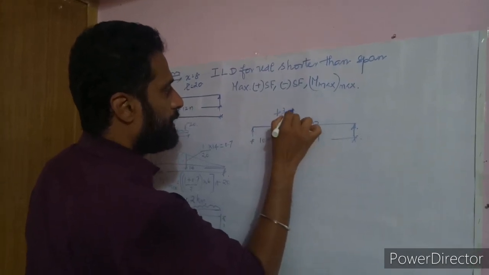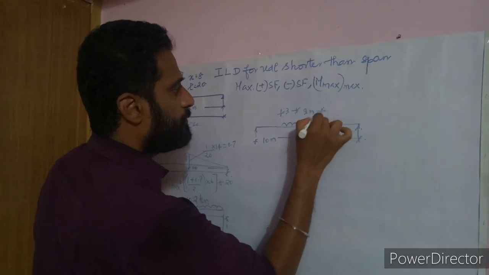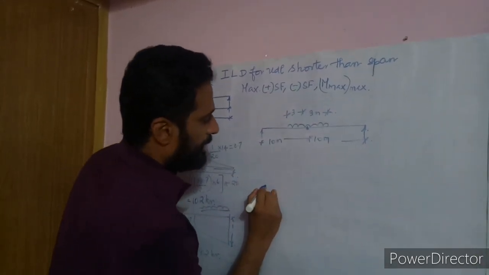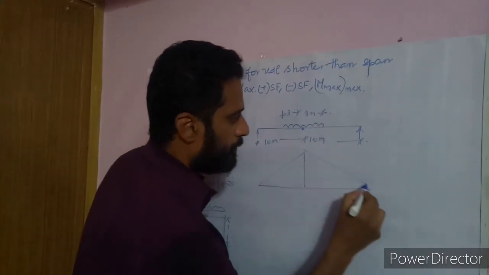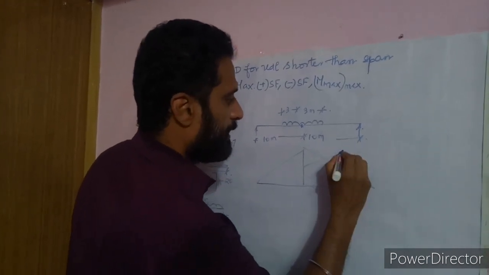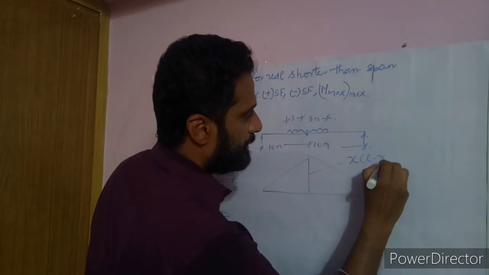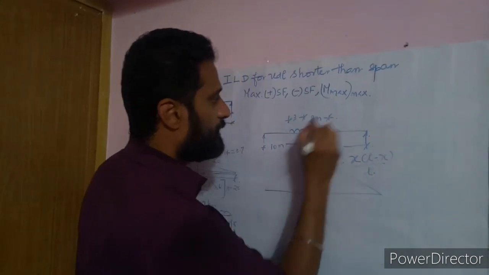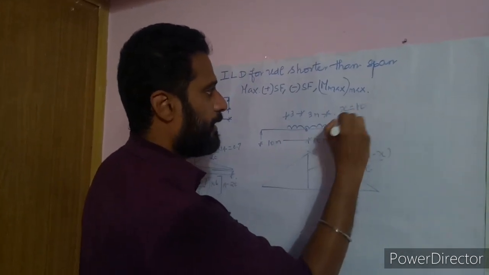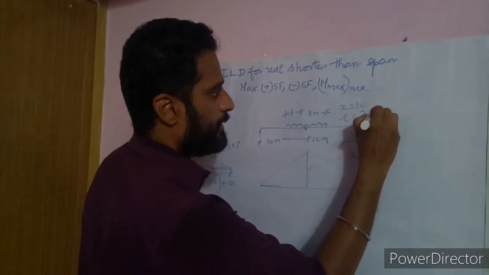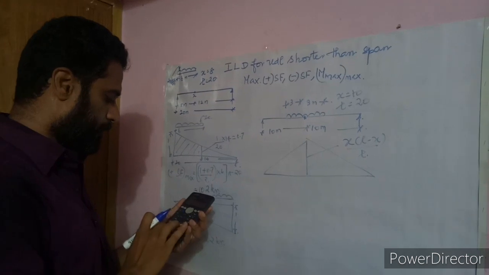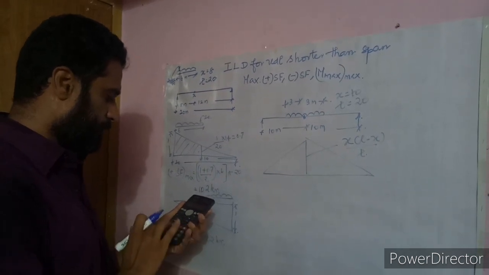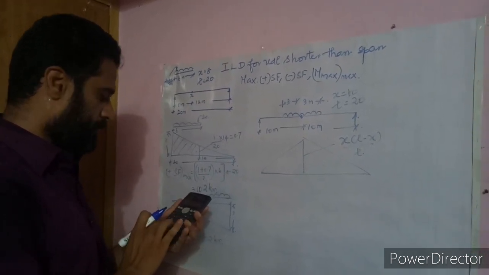So this is 3 meter and this is 3 meter, which will give you the maximum bending moment. And for maximum bending moment, we need to calculate the central intercept also, which is x into L minus x by L. For this condition, x is 10 and L is 20, so which is 20 minus 10 into 10 divided by 20.